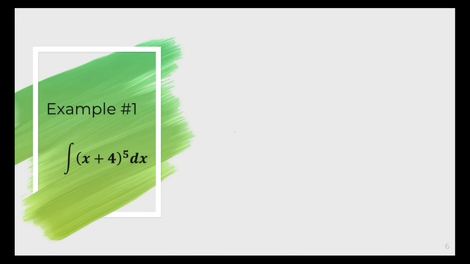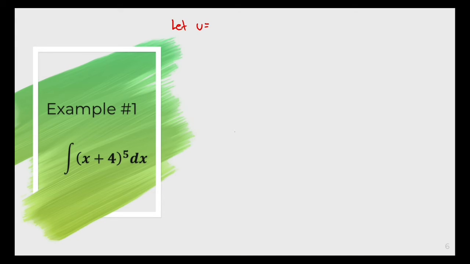Let's have an example. For number 1, the integral of the fifth power of x plus 4 dx. For this one, we let our u be, remember, most of the time inside the parentheses or in the denominator.